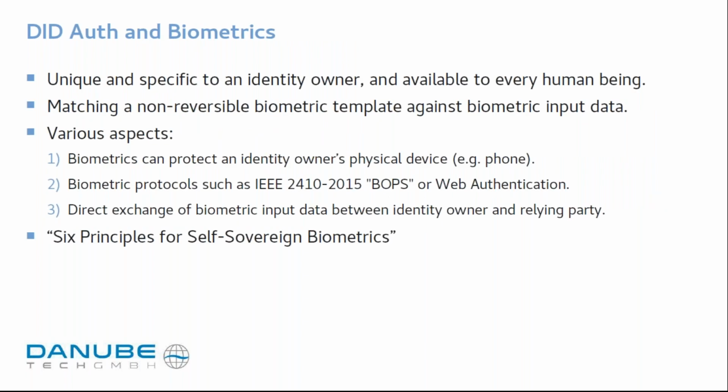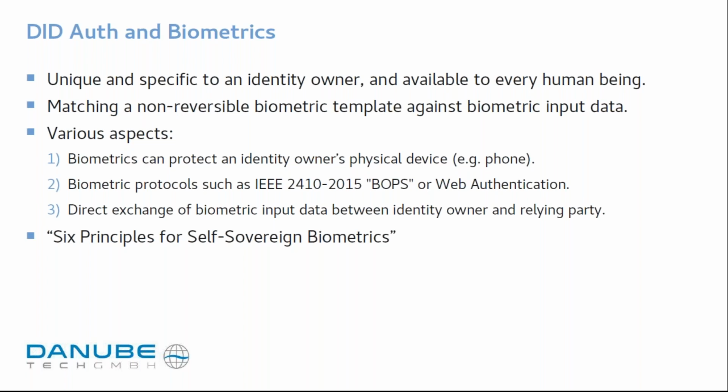One slide about biometrics. It's a very sensitive topic. So mostly DID Auth is about public key cryptography, and there's a challenge, and then there's a response which is signed with a key. But public key cryptography is not, strictly speaking, the only way how control of a DID can be proven.